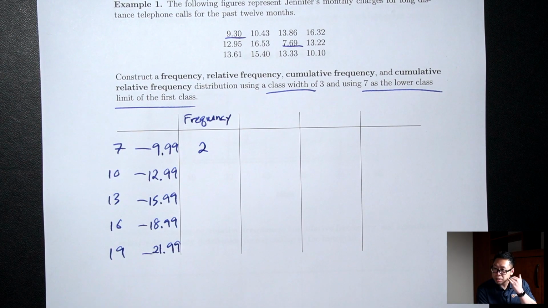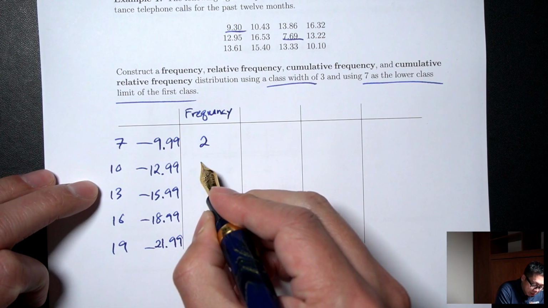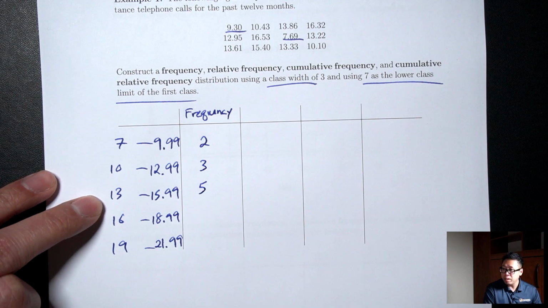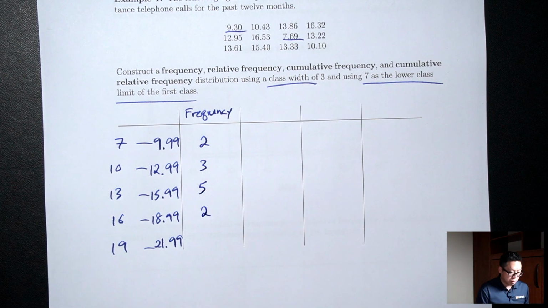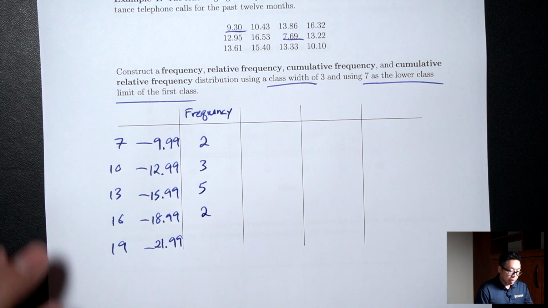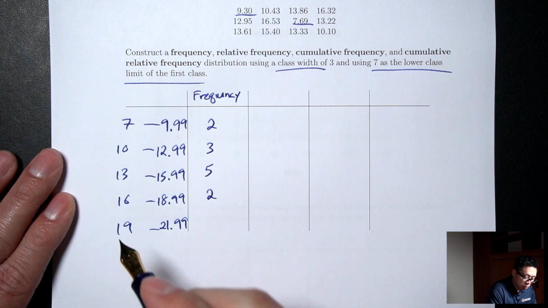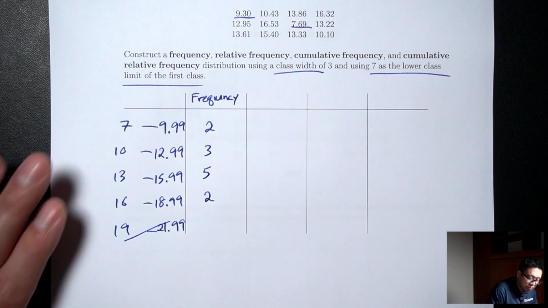And then let me tell you the other ones. There's 3 between 10 and 12.99, 5 between 13 and 15.99, and 2 between 16 and 18.99. And it turns out that we didn't have any data that's between 19 and 21.99. So we actually didn't really need that one anyway.